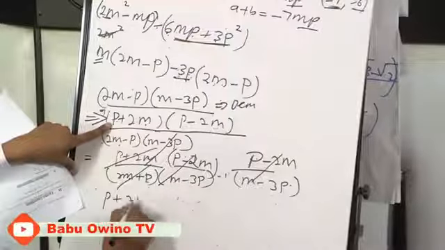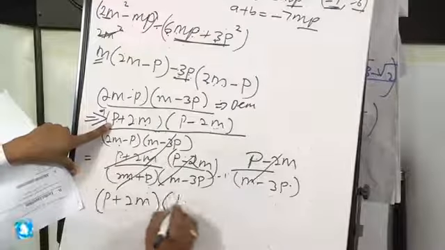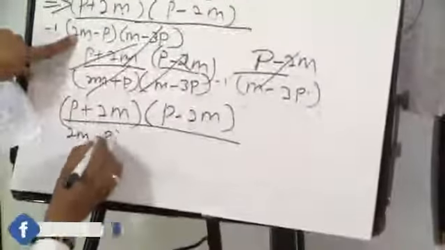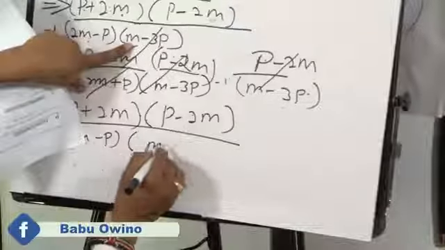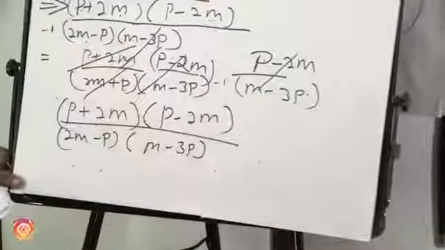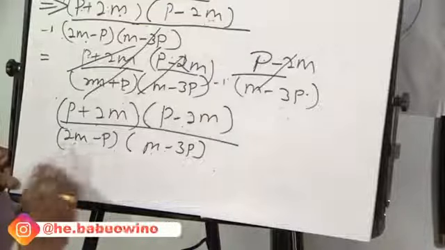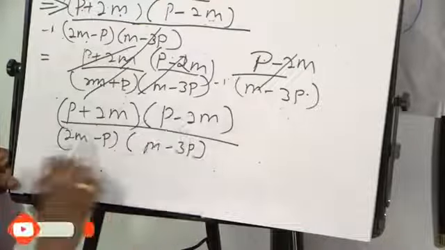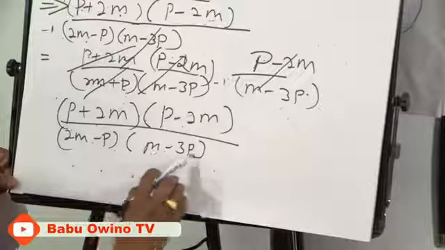P plus 2m into p minus 2m divided by 2m minus p into m minus 3p. So you can clearly see from here, we have p plus 2m into p minus 2m divided by 2m minus p into m minus 3p.